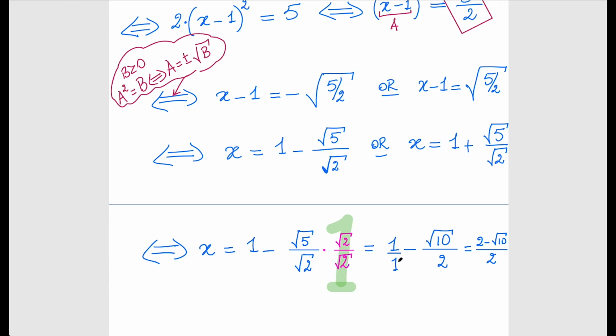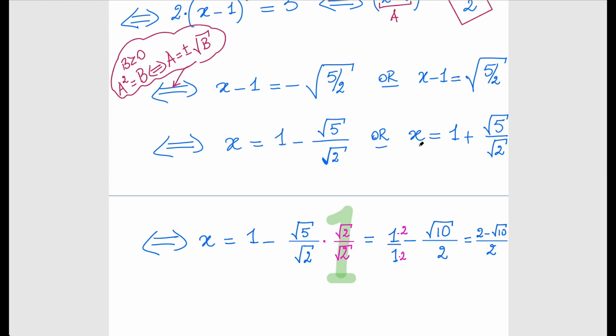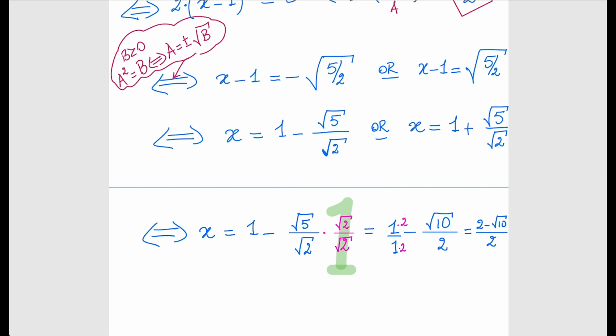So you multiply by 2 upstairs, you get 2 minus square root of 10 upstairs, over that common denominator, which is 2. Okay, so you get this. And for the other one, it's very similar. Instead of minus, I'm just going to change it to plus, right? It's the same. What I've done here is just rewriting this guy.